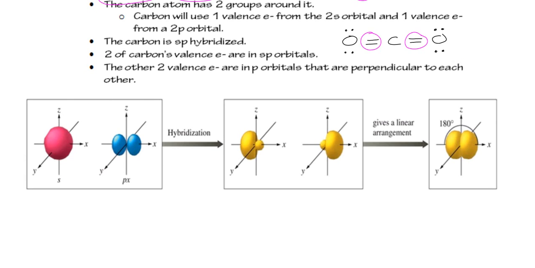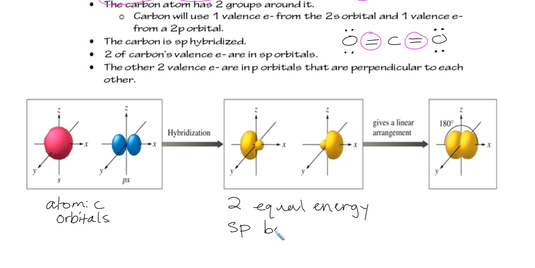So here again would be my atomic orbitals. Unhybridized. I need the s and one of the p's. We'll hybridize them together, and we'll have 2 equal energy sp bonding orbitals.